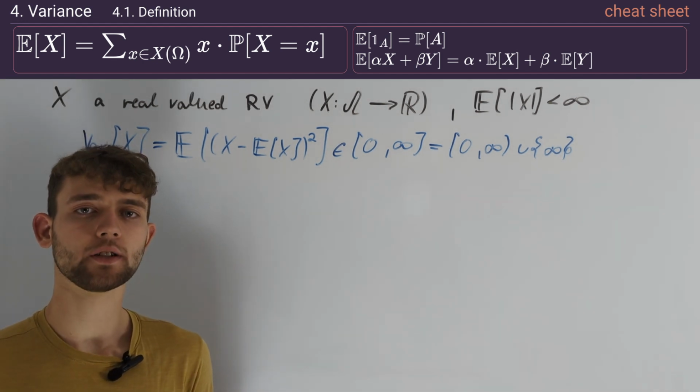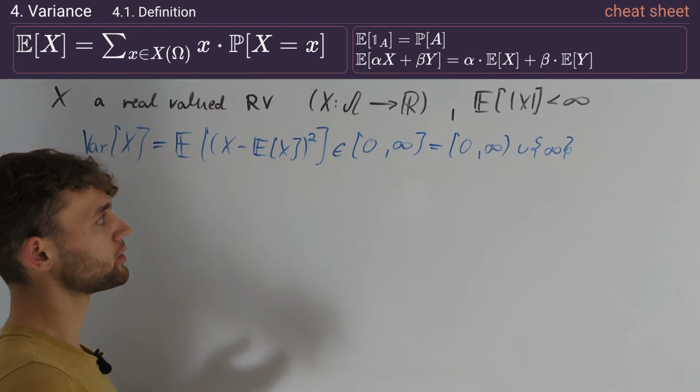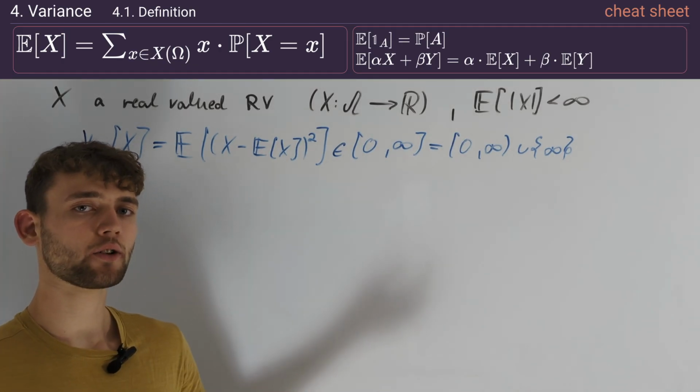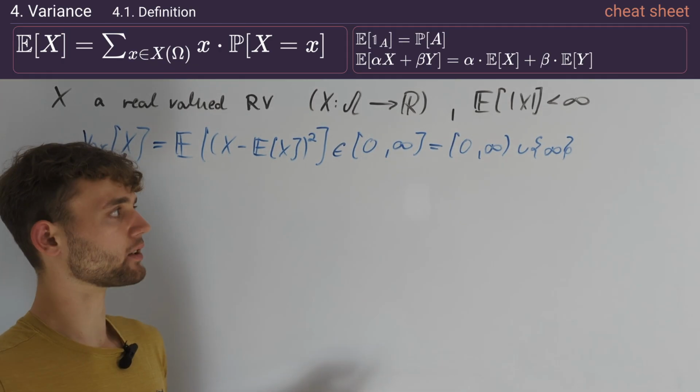A nice property of variance is that it has multiple expressions, which is why in practice we can often determine or at least bound the variance of a random variable.